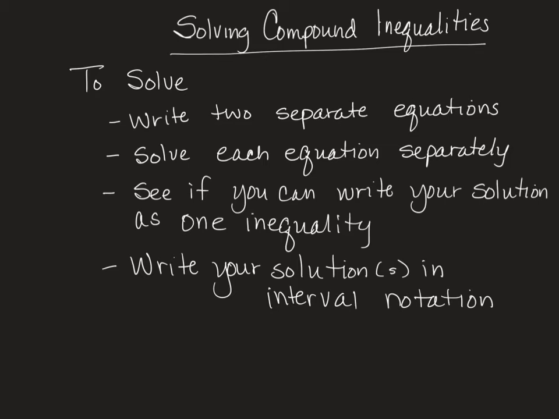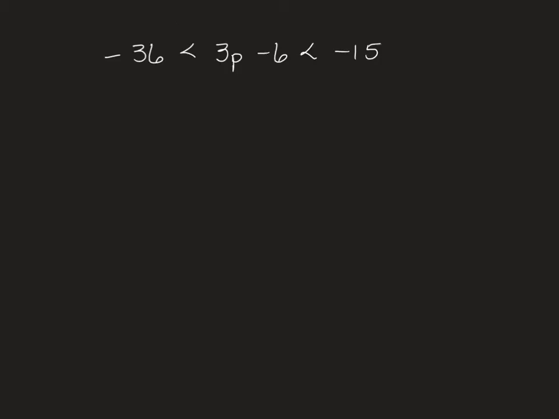Refer back to this as needed. So here's a problem. Notice that there is two inequalities. So what I'm going to do is I'm going to write one equation from here to there.